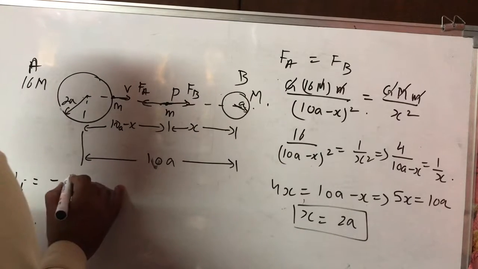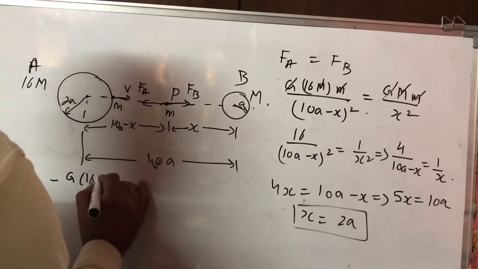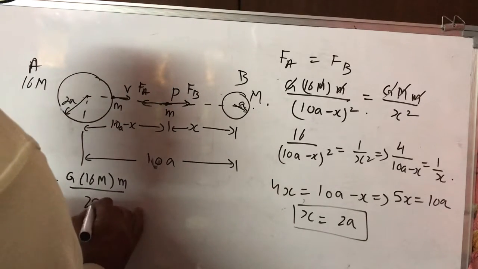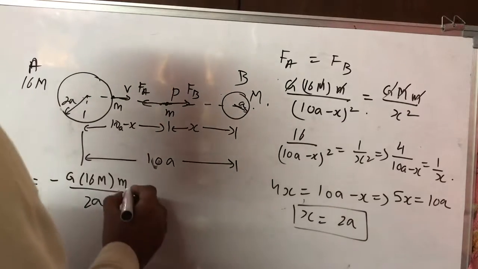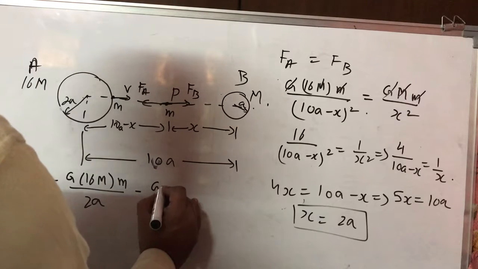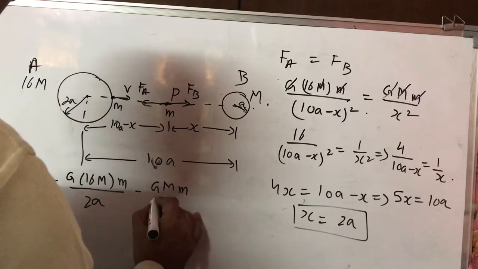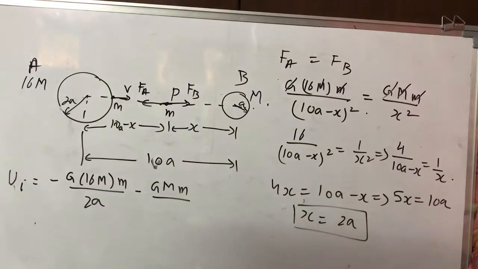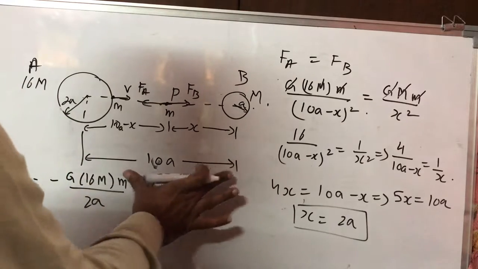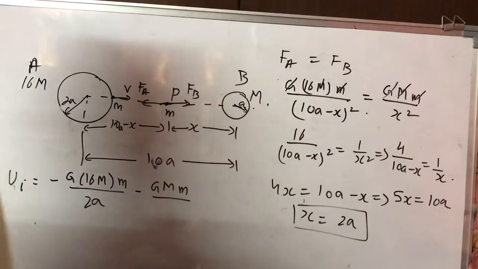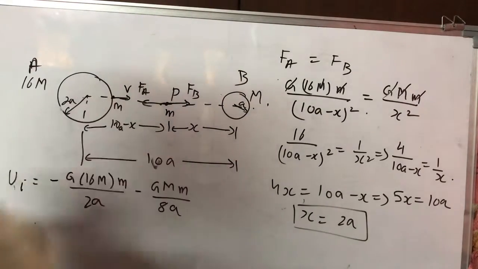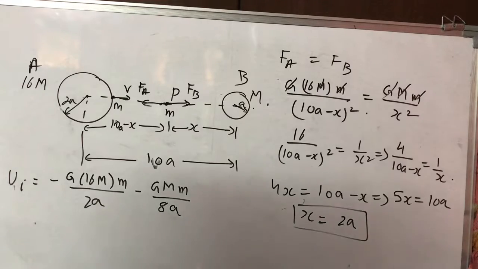So it will give you minus G into 16m into small m divided by 2a, minus the potential energy due to capital M, which will be minus G into capital M into small m divided by the distance of this small m from the center of capital M. This is 10a, this is 2a, so 10a minus 2a is 8a. So minus GMm upon 8a. This is the initial potential energy when small m is present on the surface of 16m.